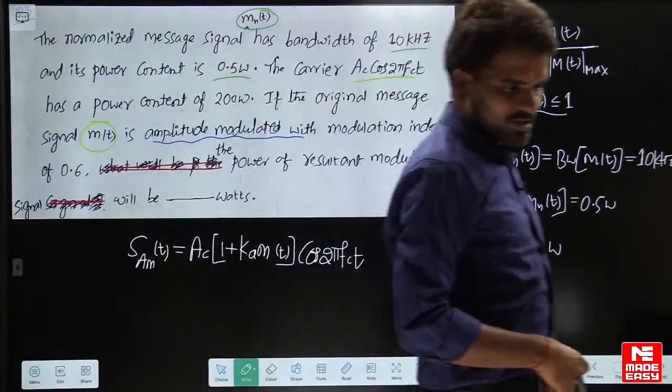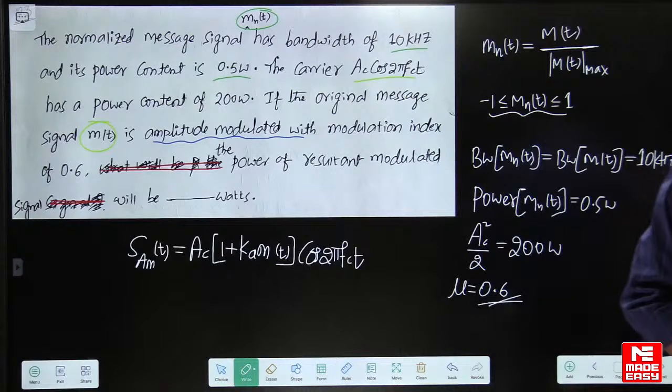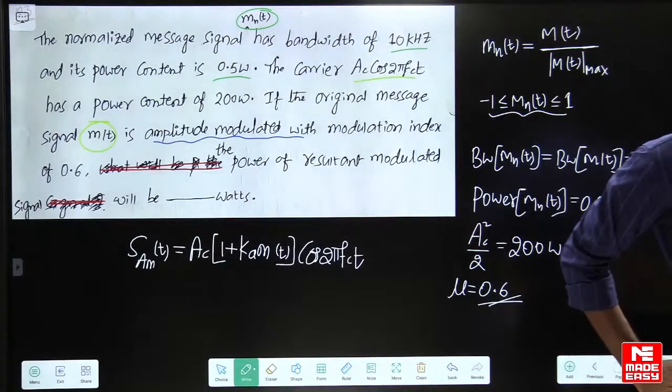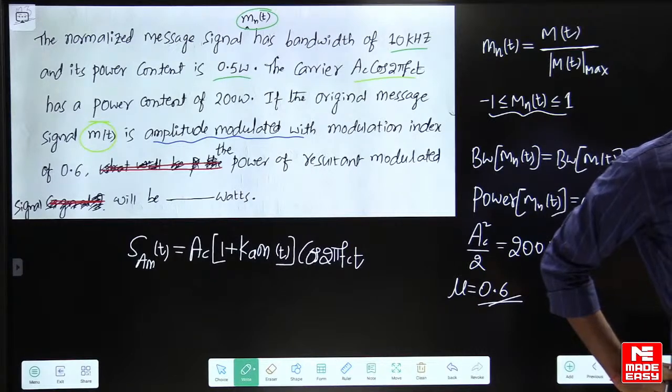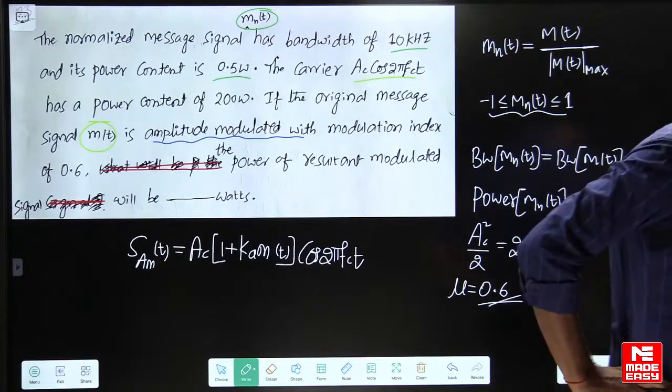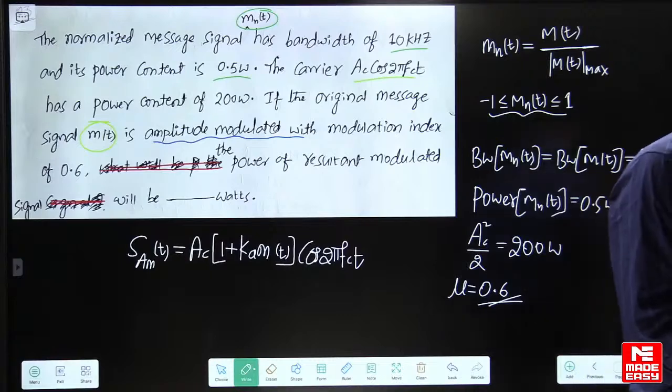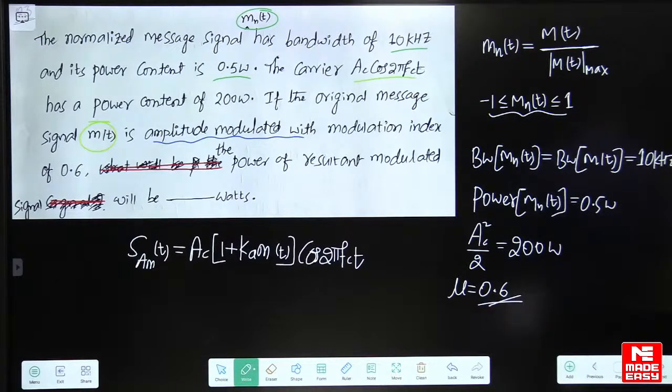It is the general expression of an AM signal. Yeah, good. Suraj, Anshuman, Namrata and Abhinav Datta are saying that it is 236 watts. Yes, I think that's the correct answer.